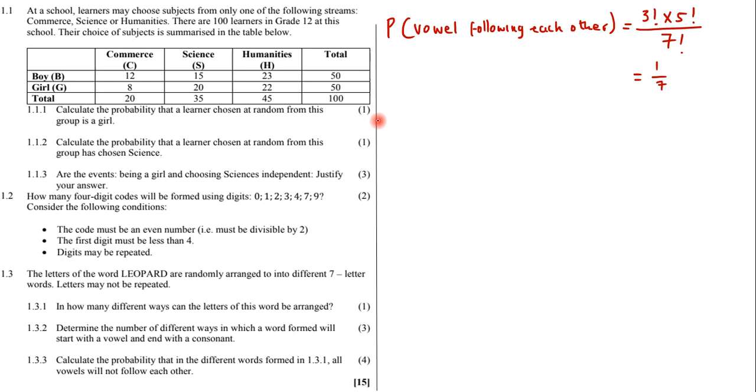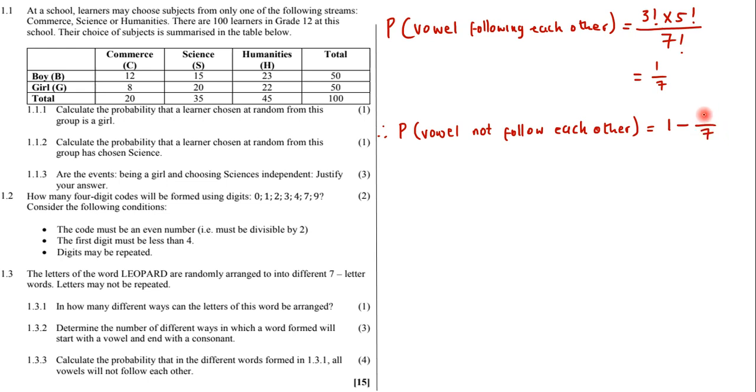Now, because of this, to find the probability that vowels will not follow each other, all we have to do is take 1 and subtract this probability 1 over 7.